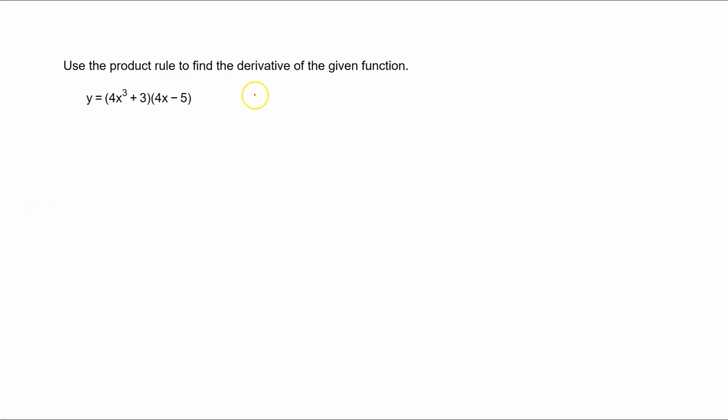Using the product rule, the derivative y prime is equal to: copy the first expression times the derivative of the second plus copy the second times the derivative of the first.